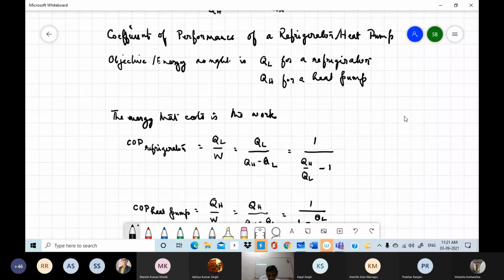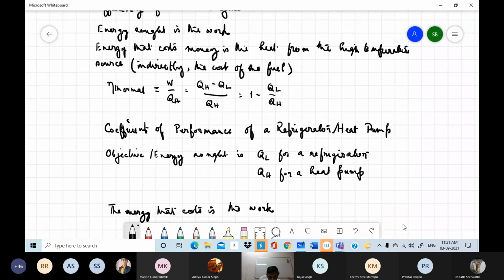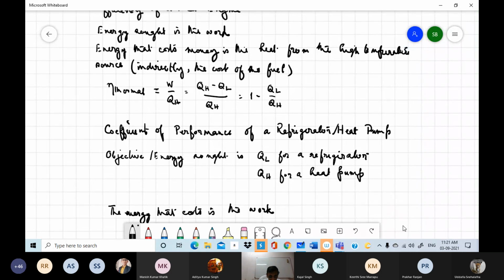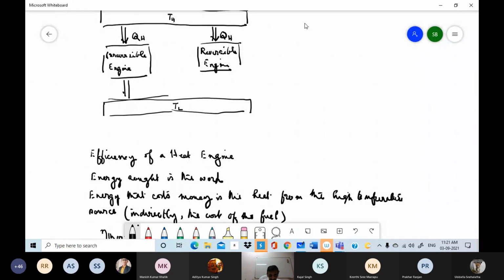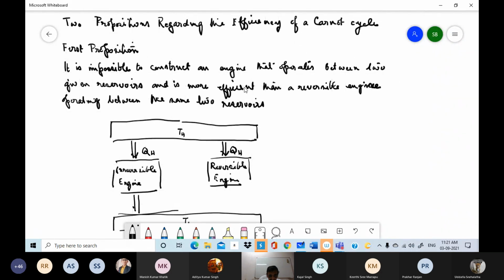Okay. So now we have defined what is efficiency of a heat engine. So what is more efficient that we now know? So if the two, let us assume that the two have two different efficiencies.